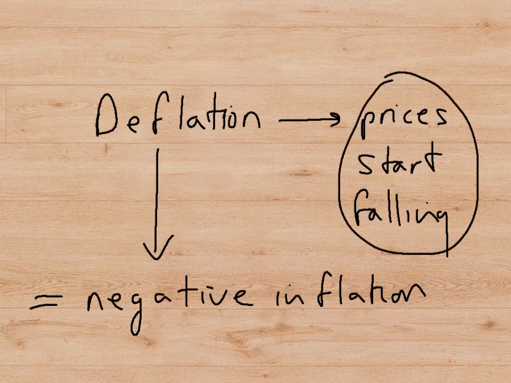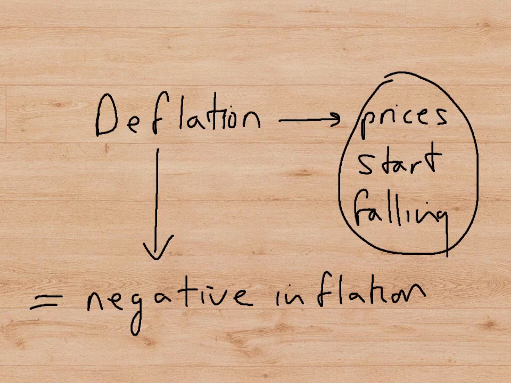If we go into a shop in an economy which is experiencing deflation, we may see that a bottle of mineral water on the 1st of January costs €2, and then we come back on the 31st of December after a year of deflation, and we see that that same bottle of mineral water is on sale for €1.80. So this is deflation, when prices actually fall over a period of time.